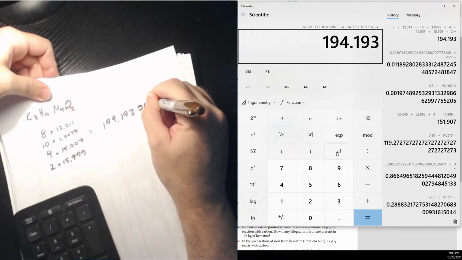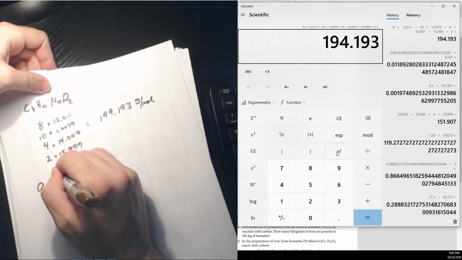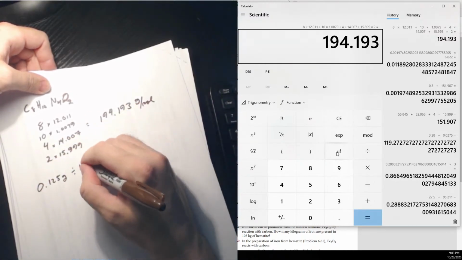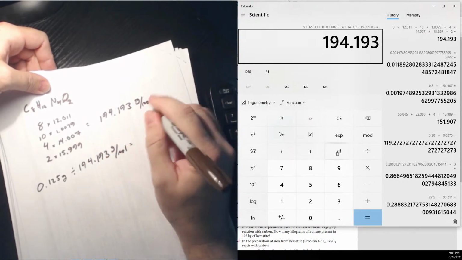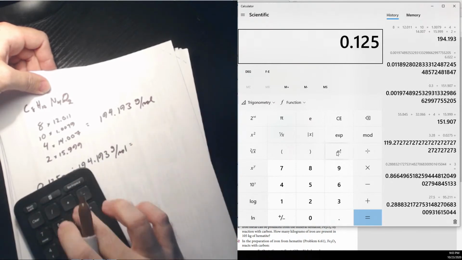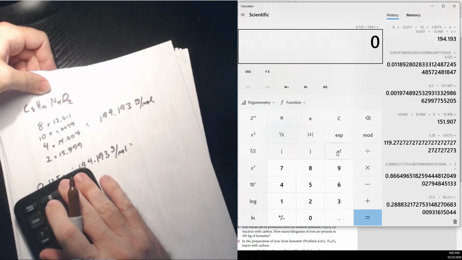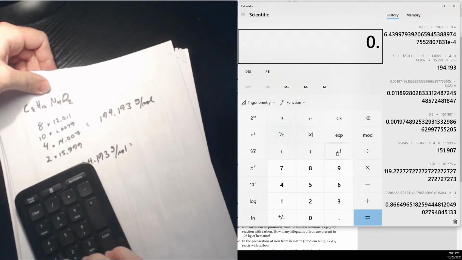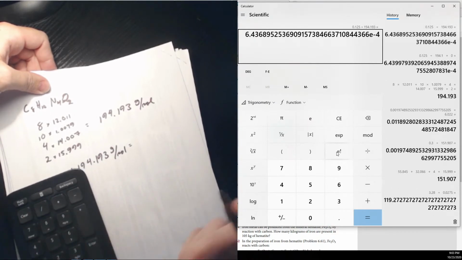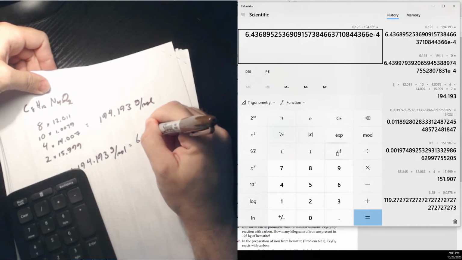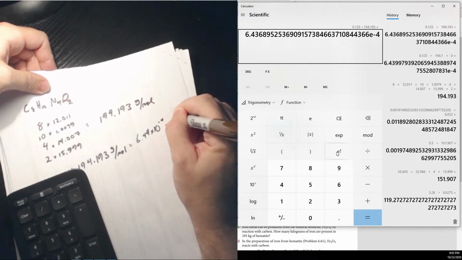194.193 grams per mole. 125 milligrams is 0.125 grams. That gives 6.44 times 10 to the negative 4th moles.